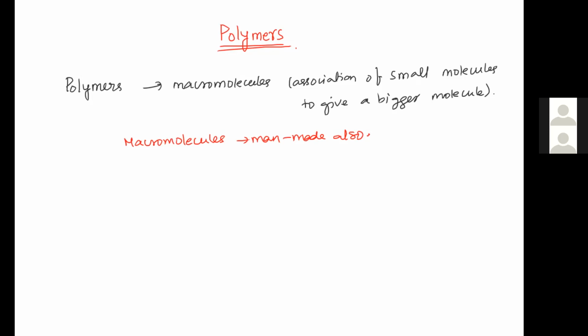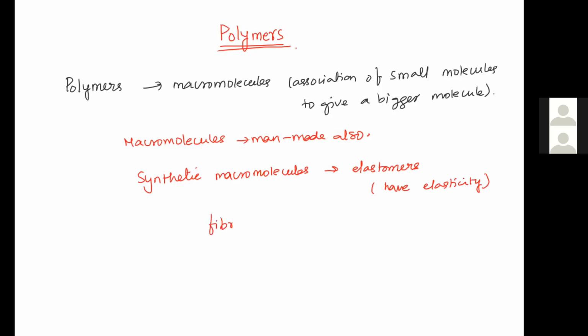So synthetic macromolecules are elastomers. You know elastomers. What are these? These have elasticity, like rubber. So elastomers are synthetic. They have the elastic characteristics of rubber.